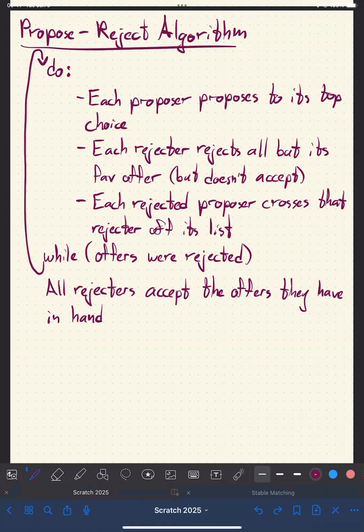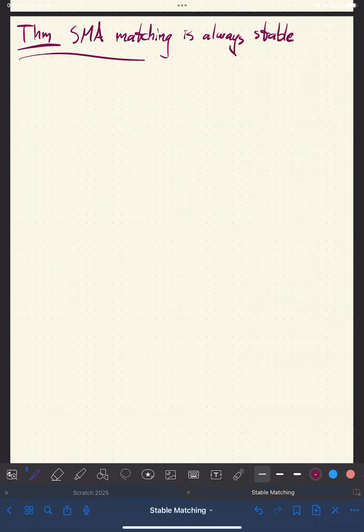We have all these lemmas. Now we're going to have a theorem. And that is that the stable matching algorithm, the matching it outputs, is always stable. Kind of surprising offhand. It's a very simple algorithm. And we can prove, we're about to prove, that matching is always going to be stable.